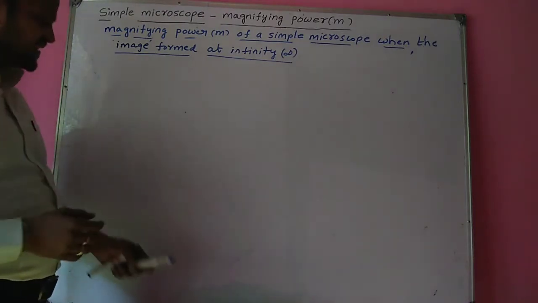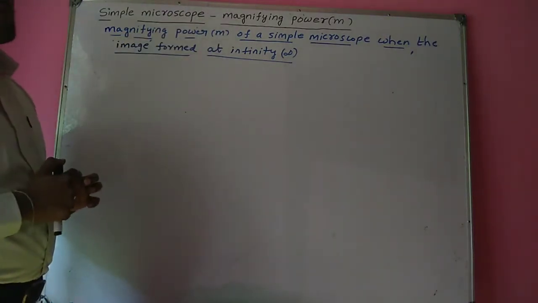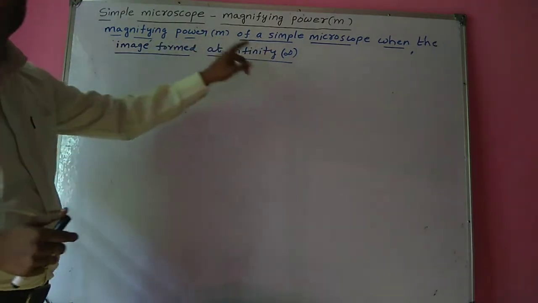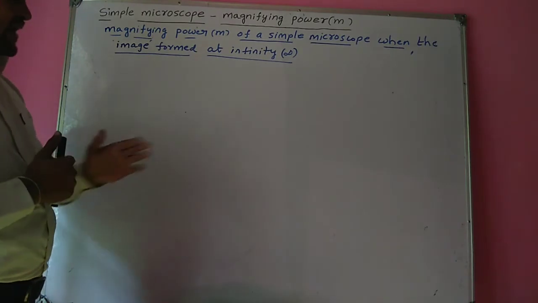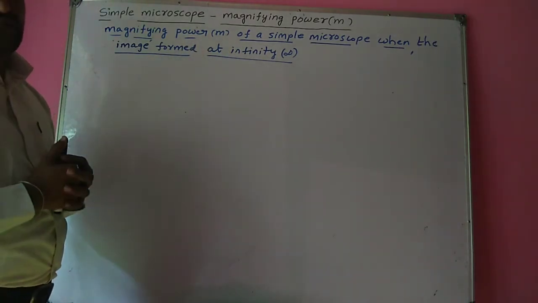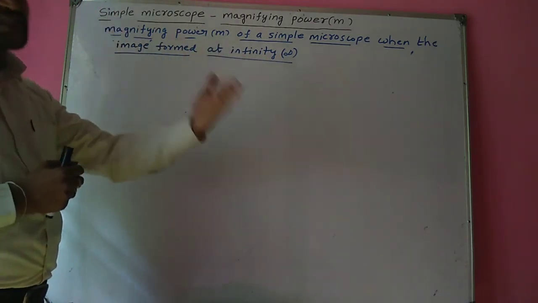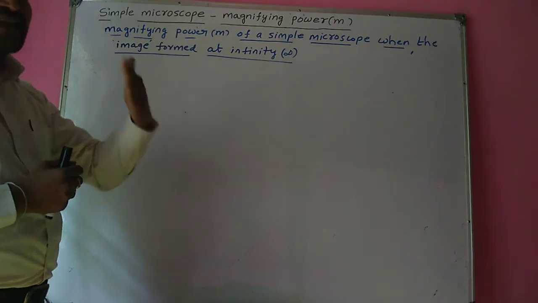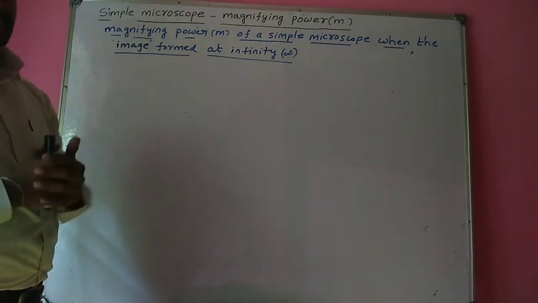Now, the second case is the magnifying power of a simple microscope when the image is formed at infinity. Why do we need to consider this case? In the previous case we discussed the image formed at the near point. Near point is the closest distance at which the image can be seen clearly and conveniently.